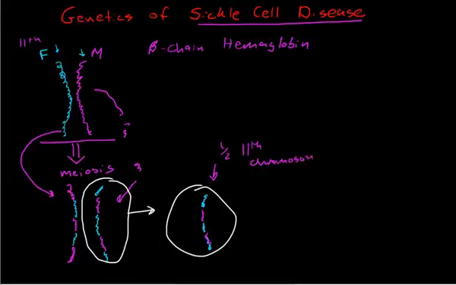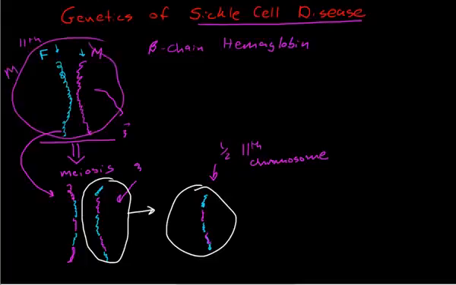Why is this important? Well, imagine that this is the mother cell, and say she is a carrier for the sickle cell trait. That means that on the 11th chromosome she has a mutated gene, and we'll say that that mutated gene got passed along in this little piece of the DNA in the ovum.